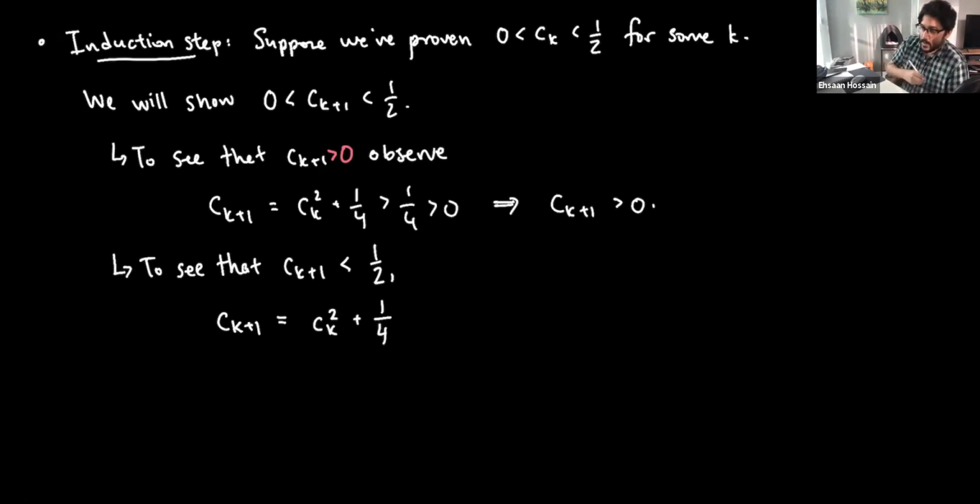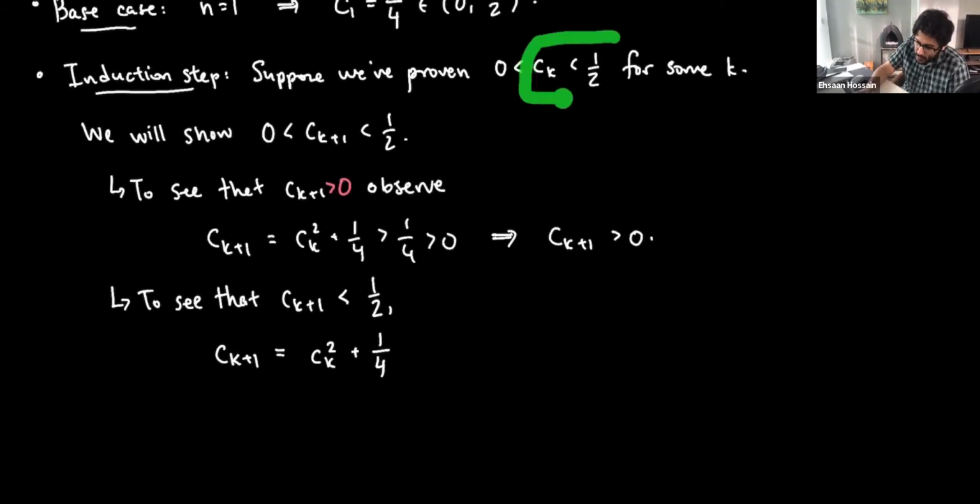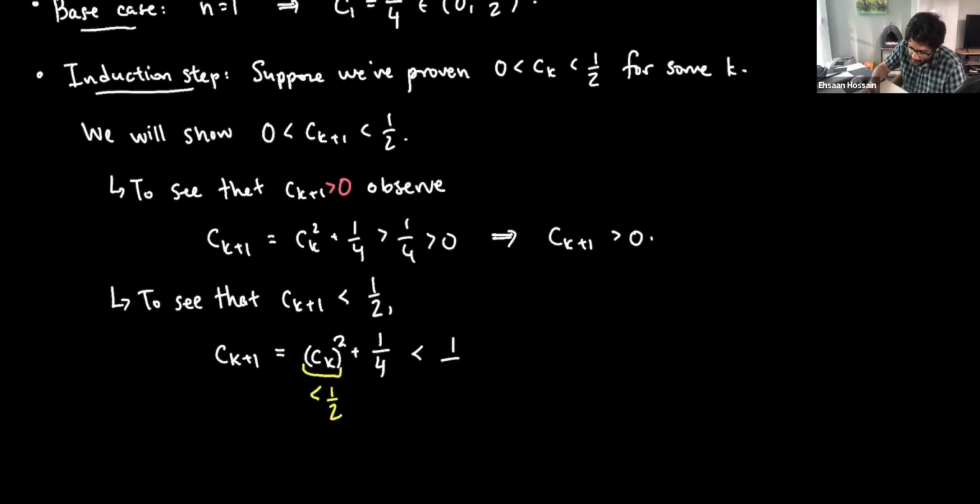Okay, let's do it like this. C of k plus 1 is c of k squared plus a quarter. And what do I assume? I assume that I've already proven that c of k itself is less than a half. So why don't we use that? I know that this bit here is less than a half before I square it. So I can replace c of k with a half in this entire expression and I'll get something bigger.